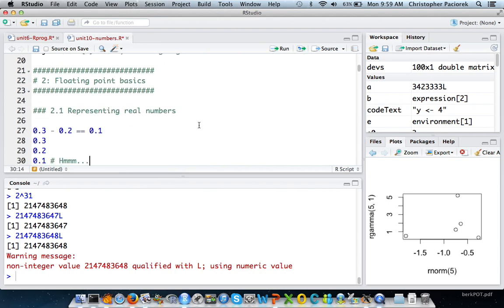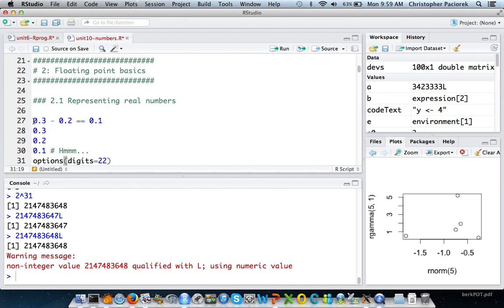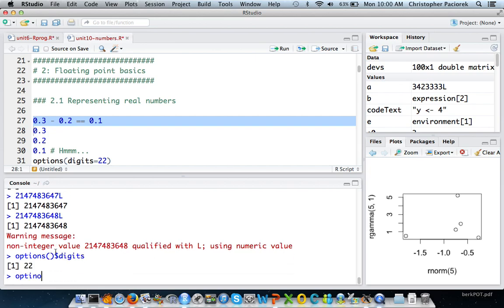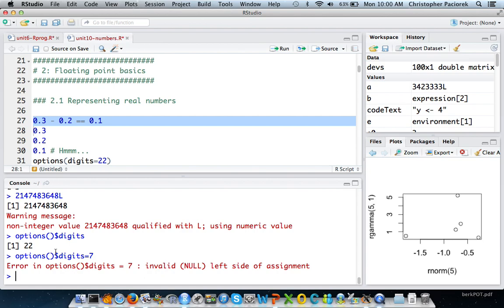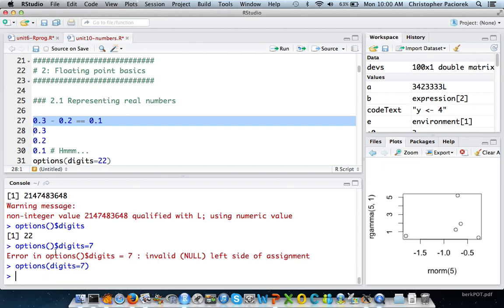Okay, so I'm going to leave you with a little bit of a dilemma, and we'll resolve the dilemma next time. I won't tell you what this is, but I'm setting this back to the default. This is basically the default for how many digits to represent in printing out numbers.